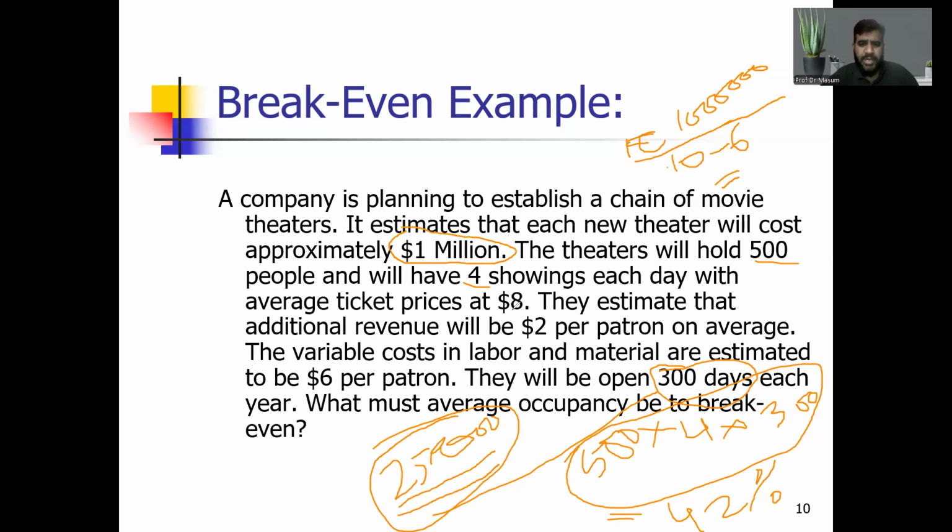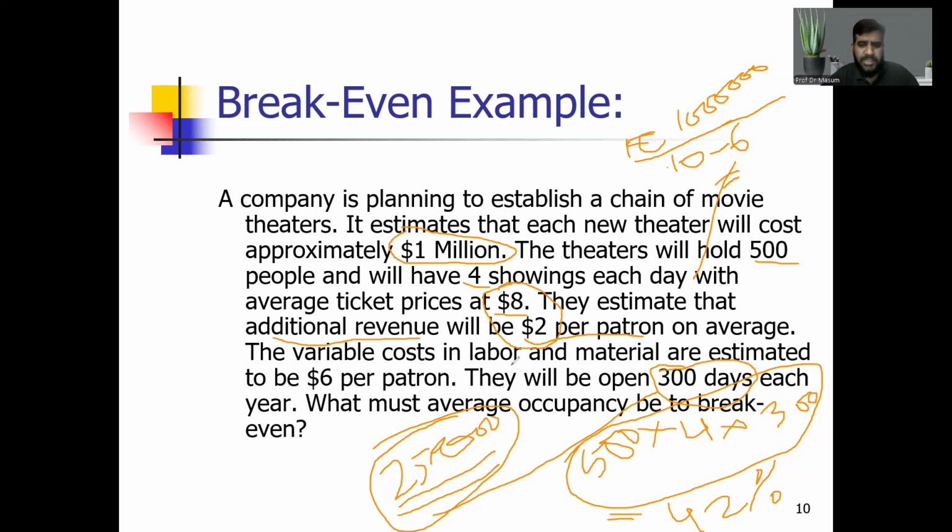Here, your sales price is $8 plus you will sell coffee. That means additional revenue. Additional revenue in a theater comes from selling coffee, tea, chips, biscuits, using the photo booth. So an additional $2. Total revenue from every client will be 8 plus 2, 10. 10 minus your variable cost of $6.